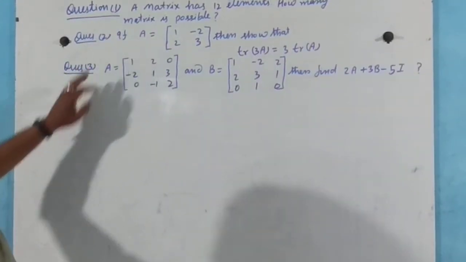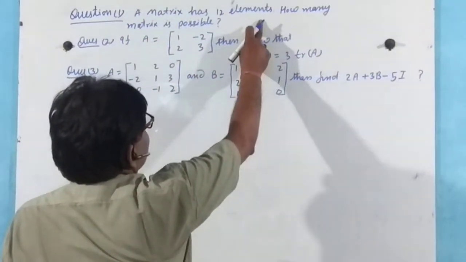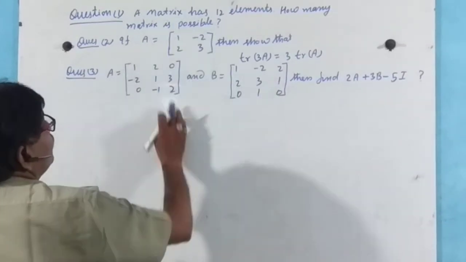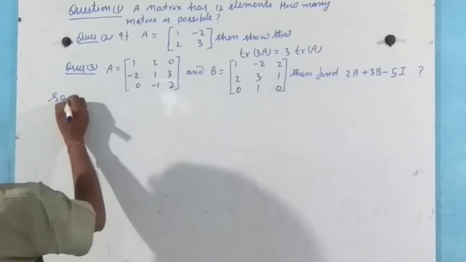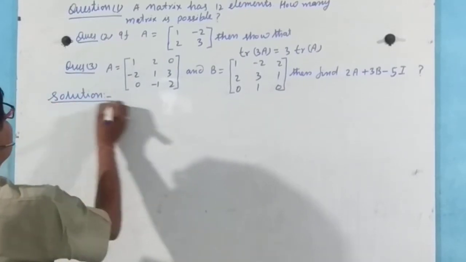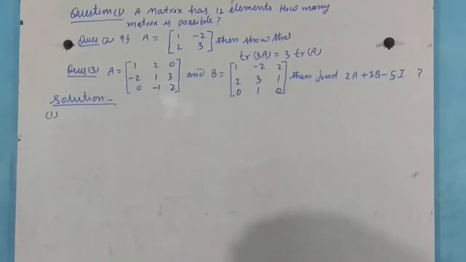Now question number first. A matrix has 12 elements. How many matrices are possible? Solution. First, a matrix has 12 elements.